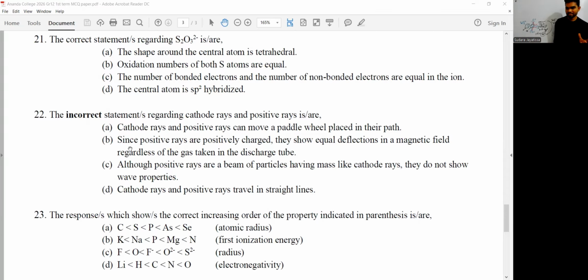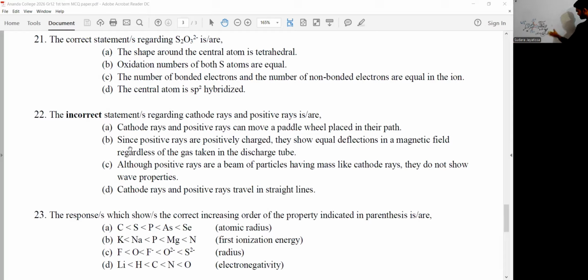So their masses are different, so the angle of deflection will be different for different types of positive rays. Write that as a theory point. So B is wrong. A correct, B wrong, right?